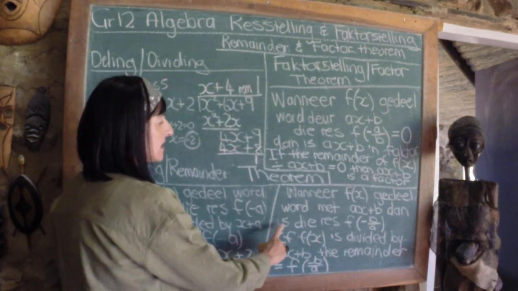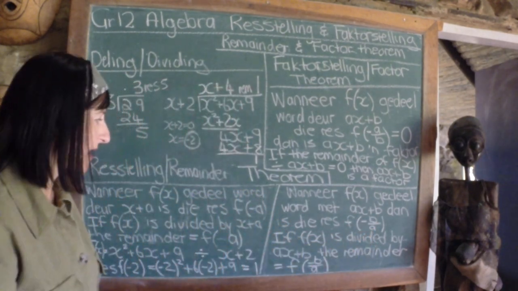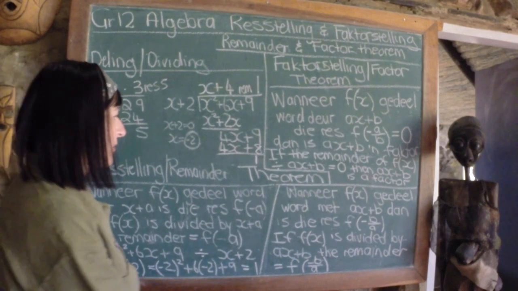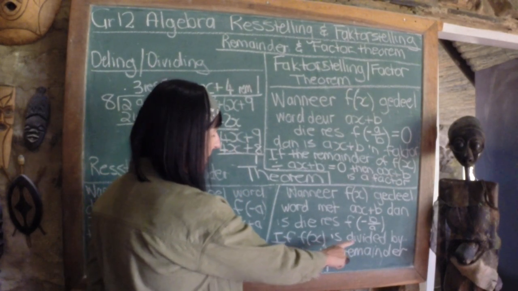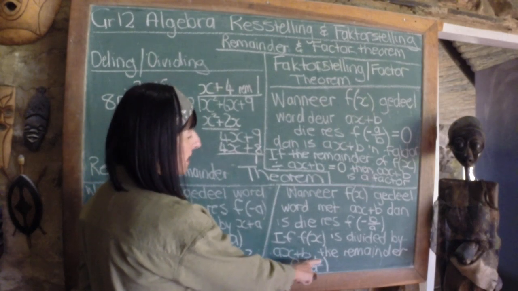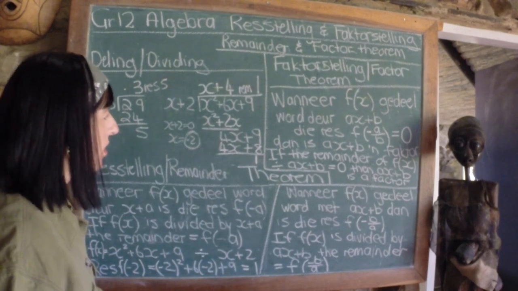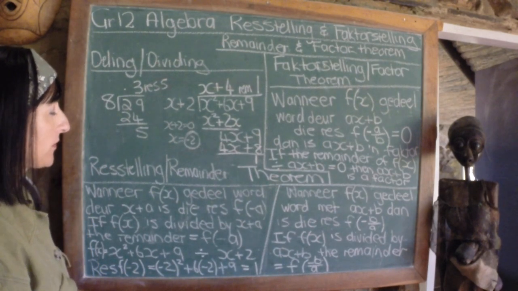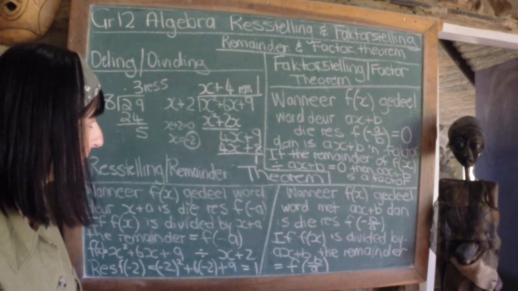Dan is jou res f van minus b op a. That's exactly the same as the previous one. If you divide fx by ax plus b, then your remainder will be f minus b on a. Dit is ons resstelling. Ons gaan nou nog voorbeelde van dit doen. You must know the remainder theorem.